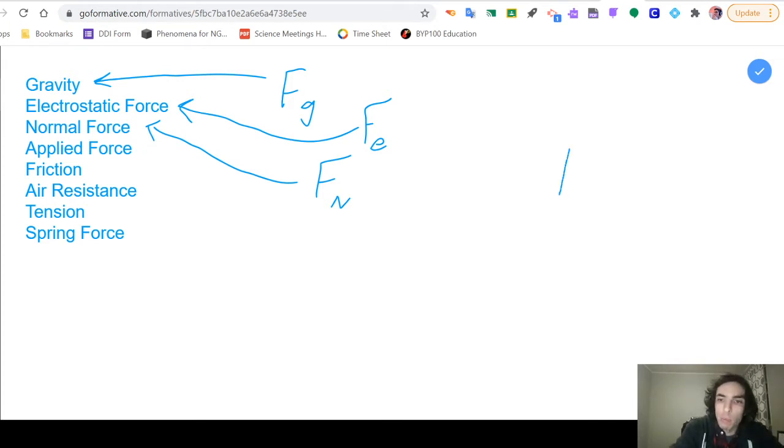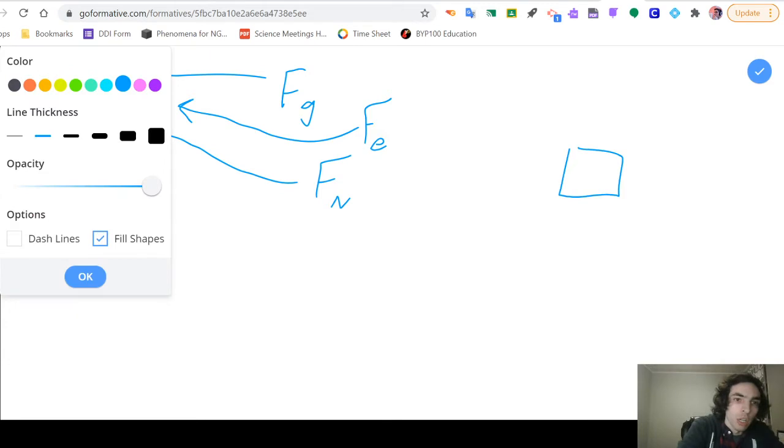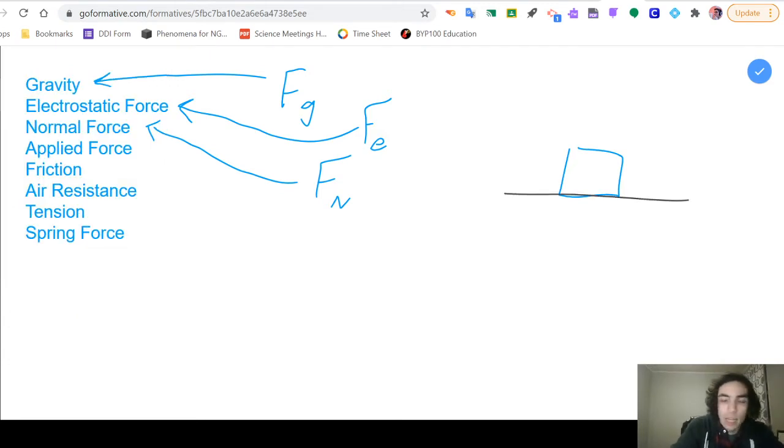So an example of that would be if we have an object that is on the ground, then the ground exerts an upwards force on that object, and it's what keeps this object from falling through the ground or the table or whatever stable surface this is. But anytime you have reason to believe or that you can see in a situation an object is on some kind of stable surface, whether that's a chair, a table, bench, the ground, or anything like that, then there probably will be a normal force, and it's always directly out from that surface.